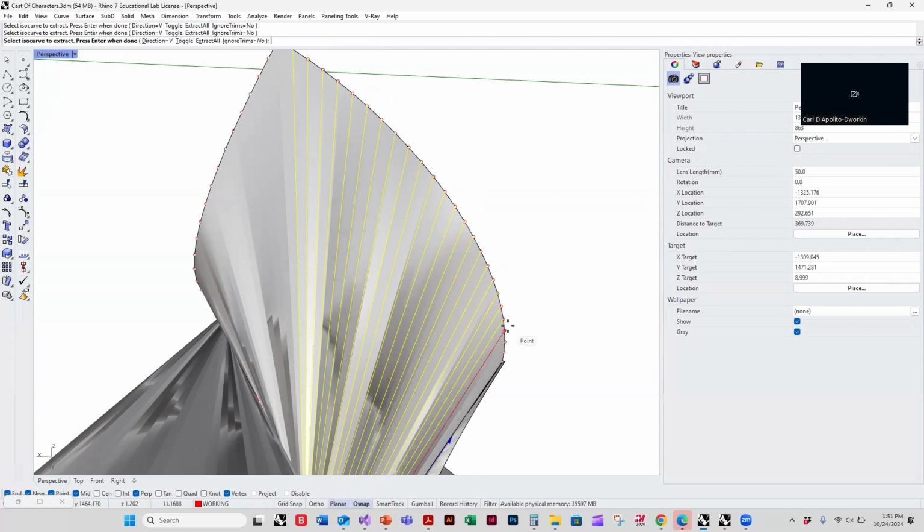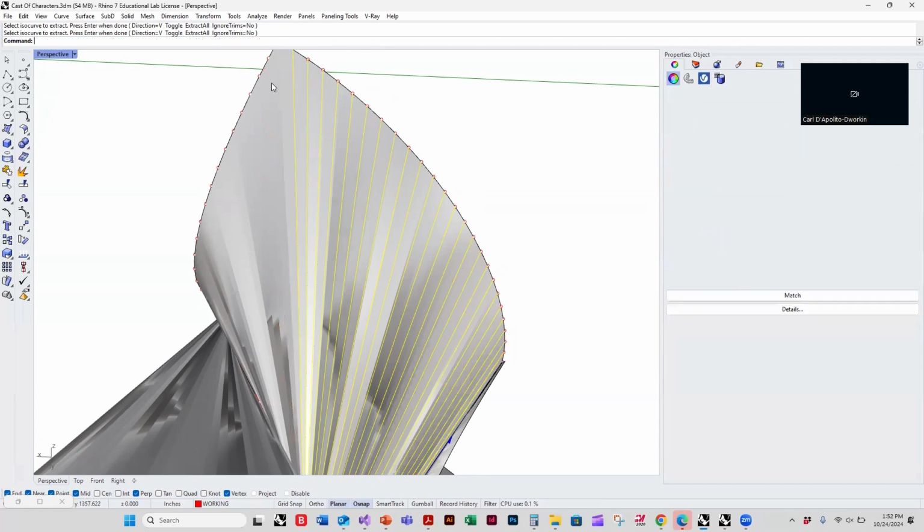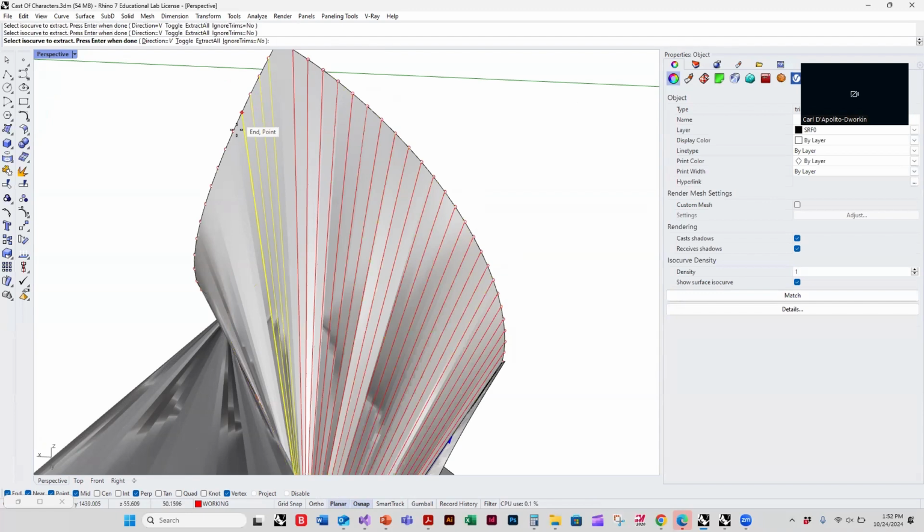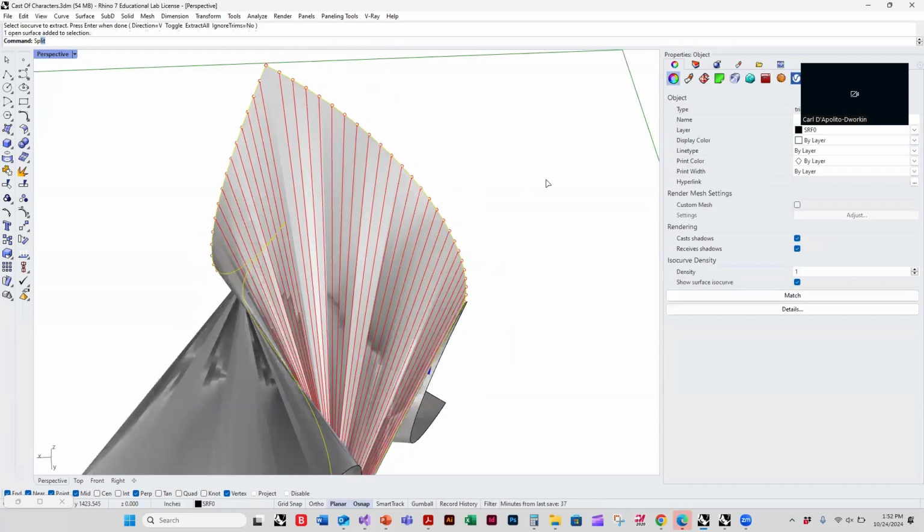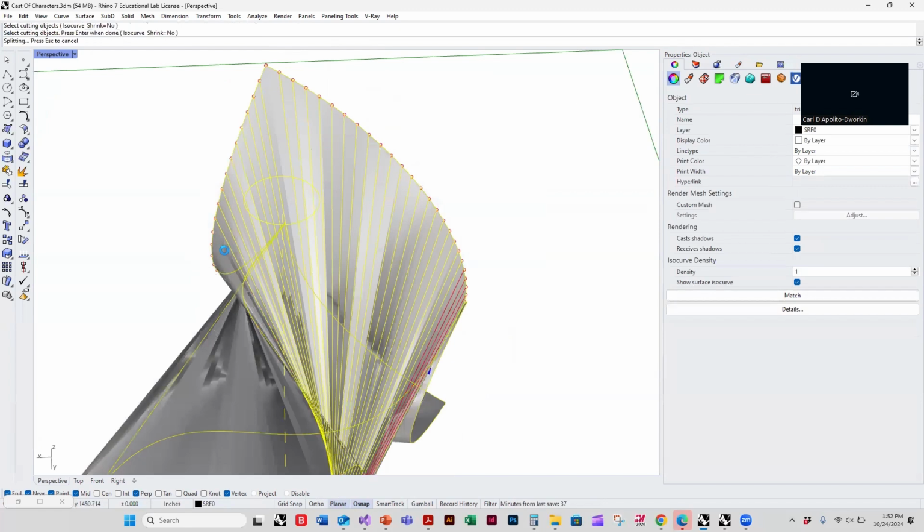It's not behaving normally. If I take all these isocurves, and then I split this by those isocurves, a NURB surface is always four-sided. So it's always four-sided somewhere in space.